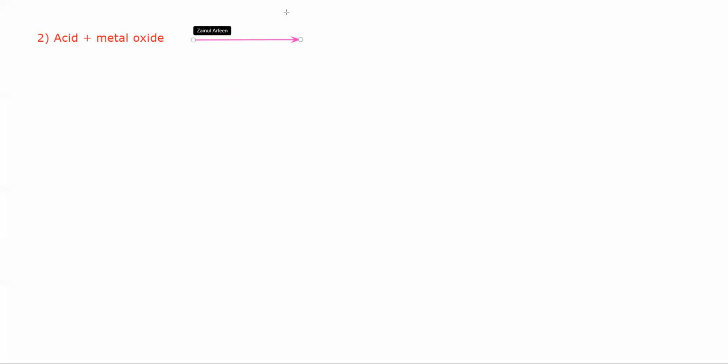Salt plus water will be the product. So acid plus metal oxide, the result is salt plus water. Same thing, organic acid plus metal oxide will also give salt and water.